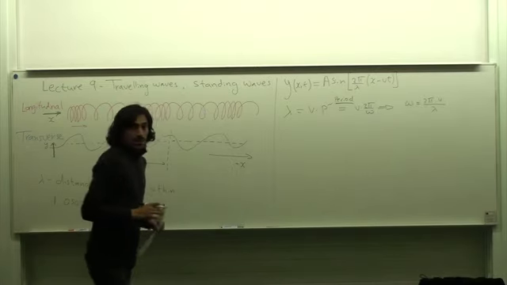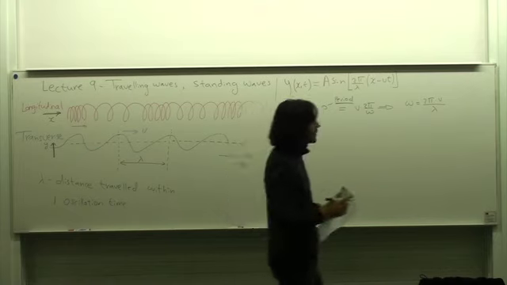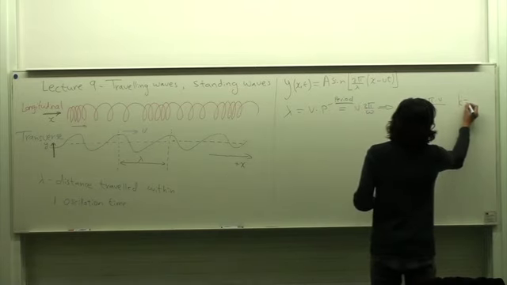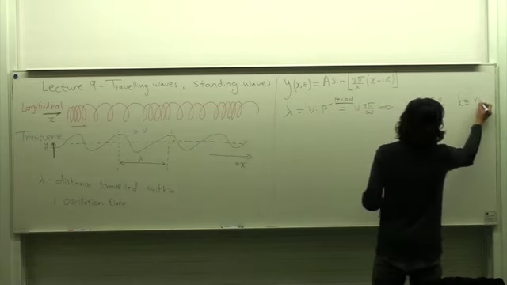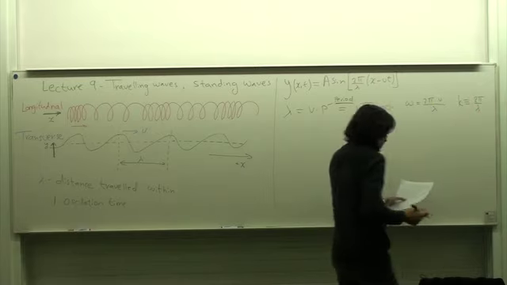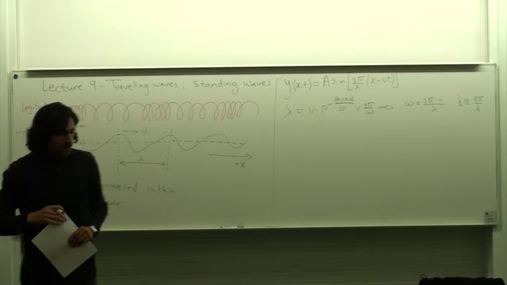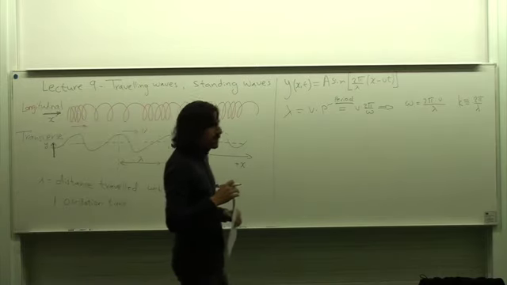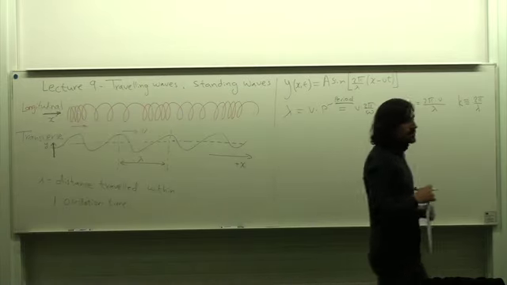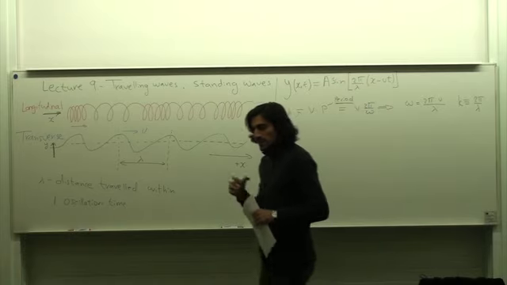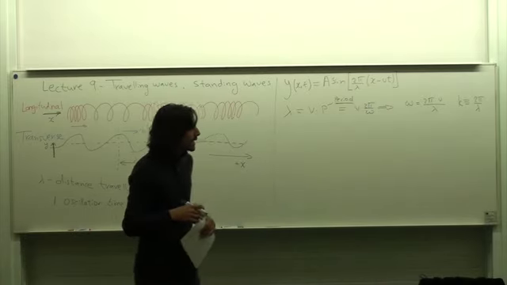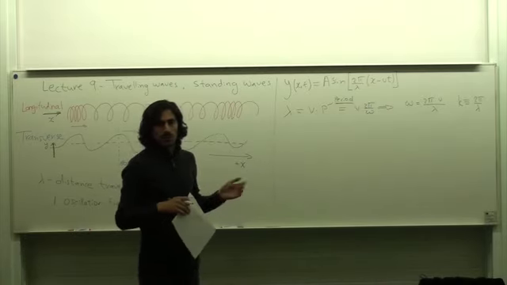There's another definition which is called the wave number, and the wave number is by definition k equals 2 pi over lambda. If you read in your book, French, note that the definition there for k is 1 over lambda, not 2 pi over lambda.